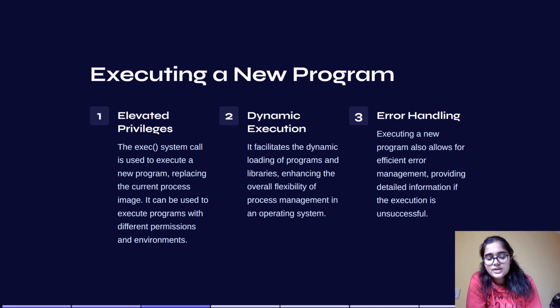It facilitates the dynamic loading of programs and libraries, enhancing the overall flexibility of process management in an operating system. Third is error handling. Executing a new program also allows for efficient error management, providing detailed information if the execution is unsuccessful.